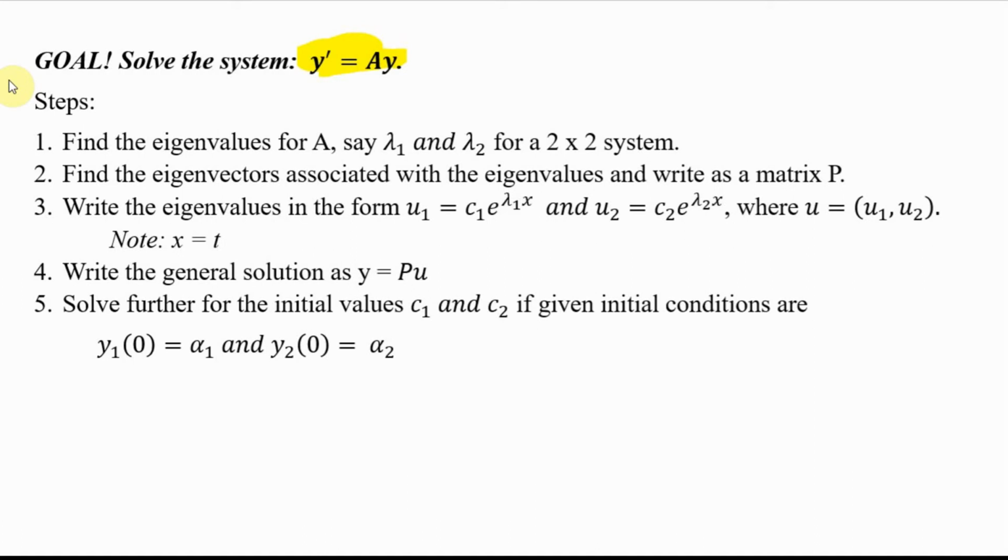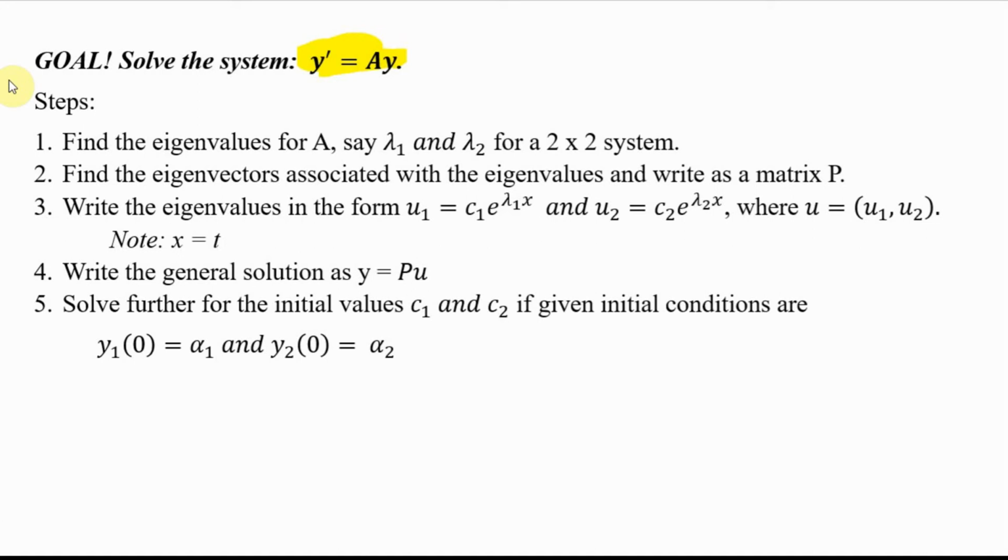Once you do that, we're going to claim that the eigenvalues, which here, as this is a 2 by 2, would be lambda 1 and lambda 2, form a pretty neat part of the solution.